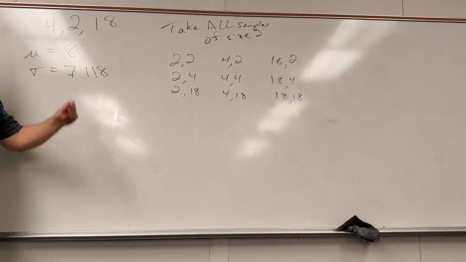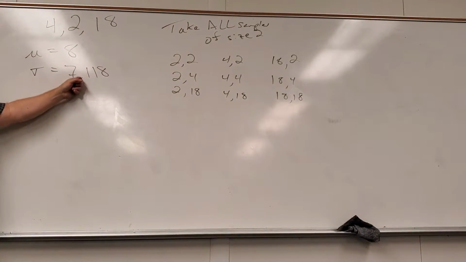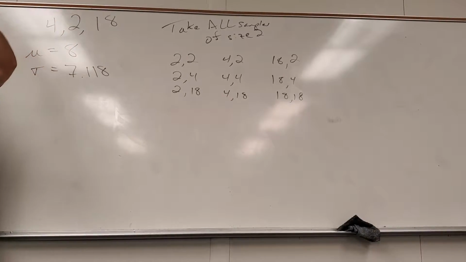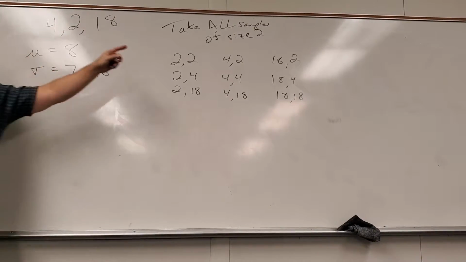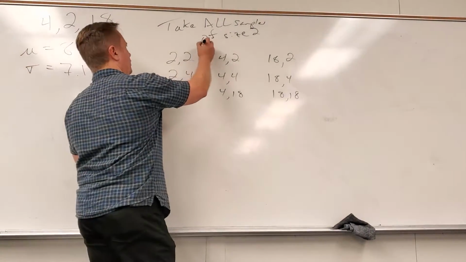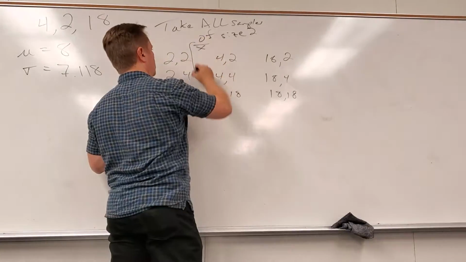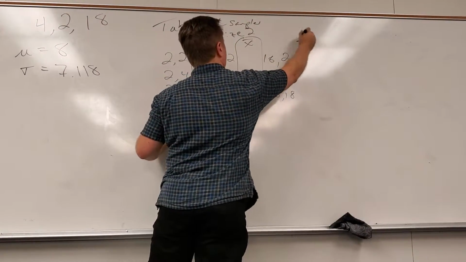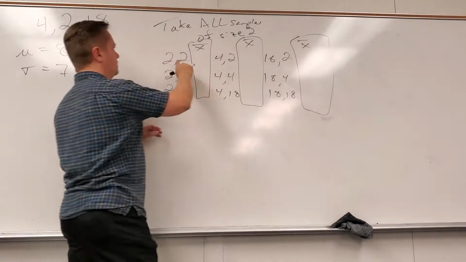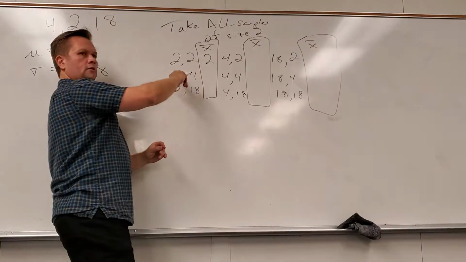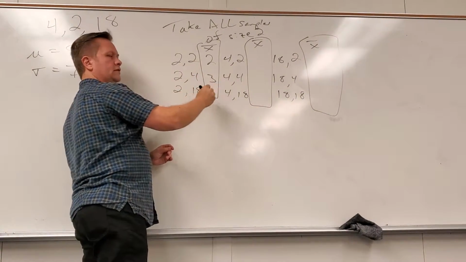All right, so I know the spread number, the standard deviation for the individuals. What I want to do now is calculate the means of all my samples. Let me put a little x bar here. So for example, what's the mean of 2 and 2? 2. 2 and 4? 3.